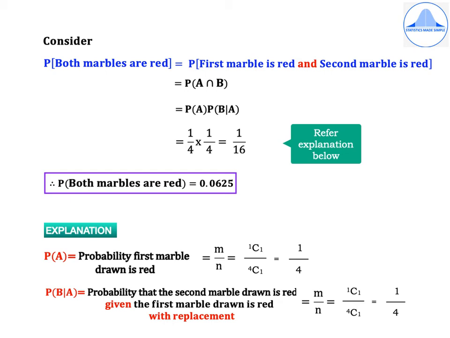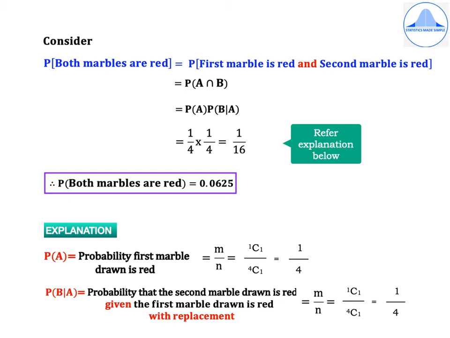Now P of B given A is probability that the second marble drawn is red given the first marble drawn is red, and this is a case of with replacement. Now the formula again is m divided by n.